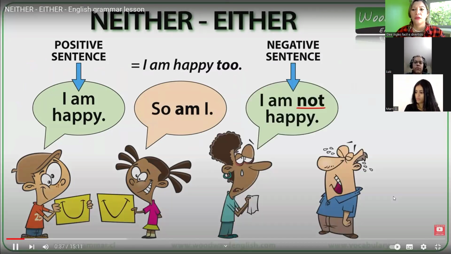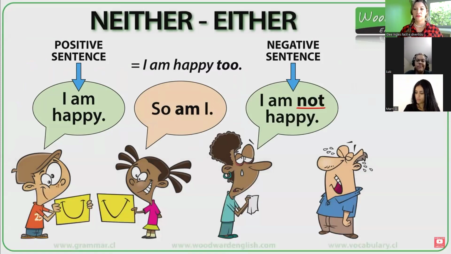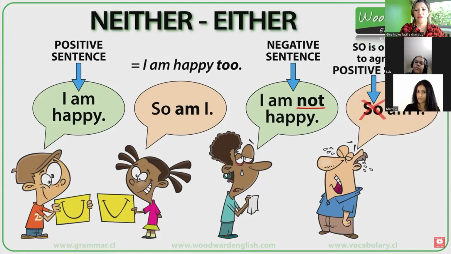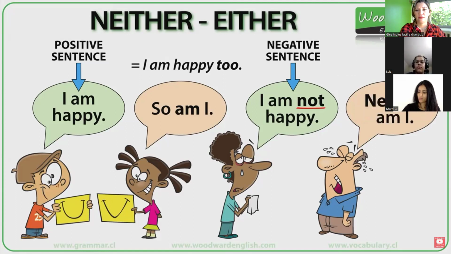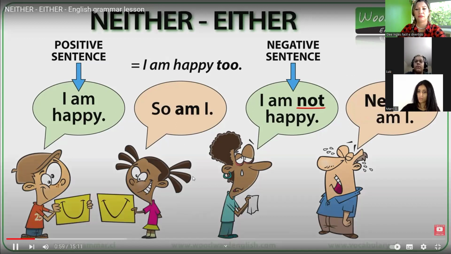For example, I am not happy. We cannot respond with so am I, because so is only used to agree with positive sentences. For negative sentences, we use neither am I.